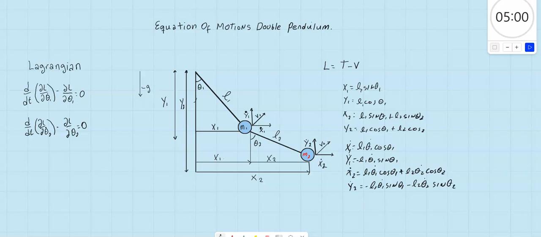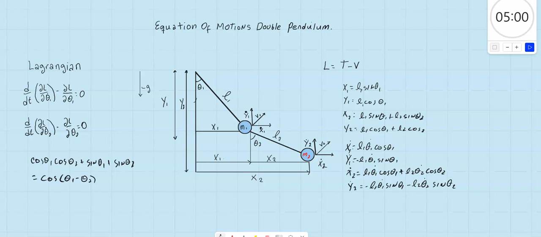And I want you to remember that cosine theta 1 cosine theta 2 plus sine theta 1 sine theta 2, all of this right here, is equal to cosine of theta 1 minus theta 2.